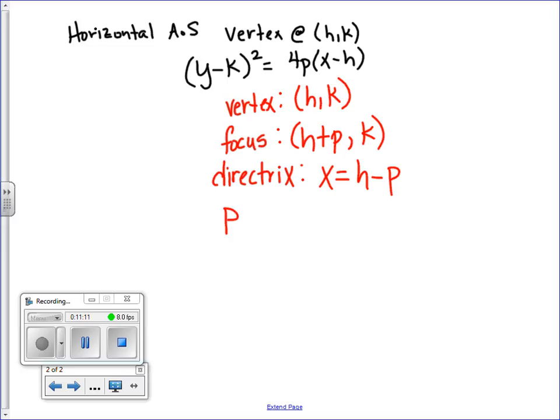If p is greater than 0, we're still going to open to the right. If p is less than 0, it's going to open to the left.